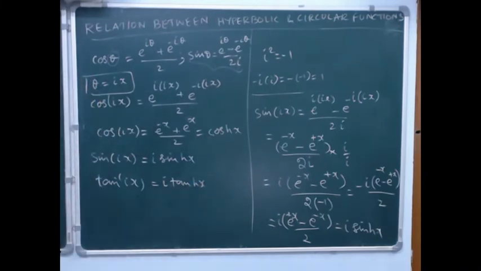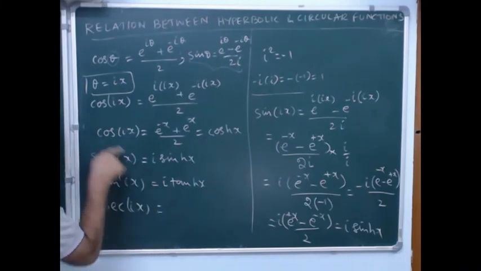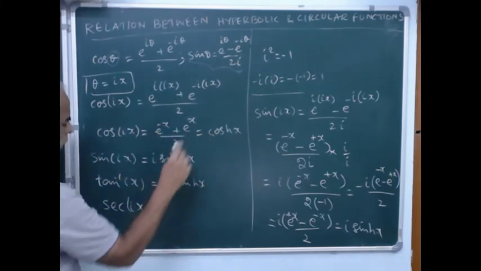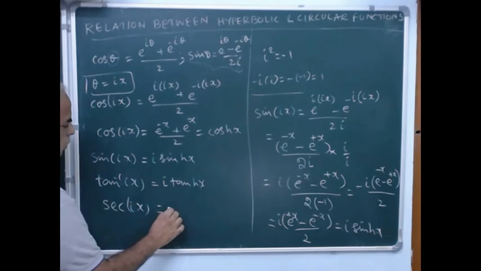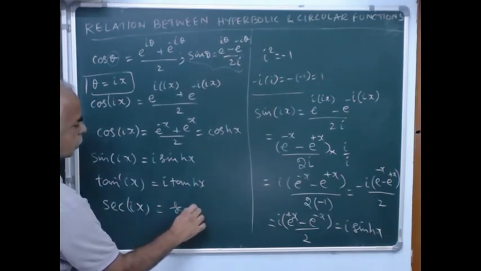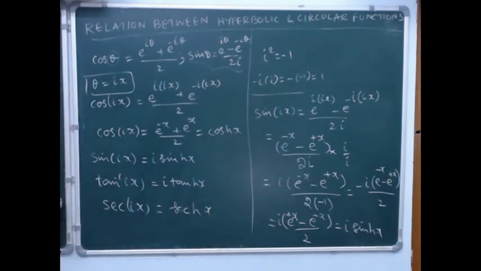And what about the secant? The secant is nothing but the reciprocal of cosine, is it not? So secant of ix is 1 by cos of ix, so it becomes sech of x. And similarly cosecant, the reciprocal of sine.